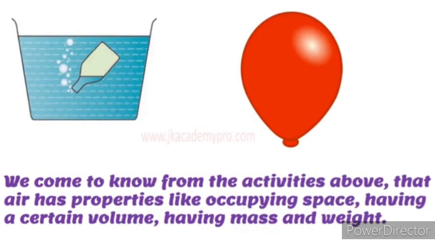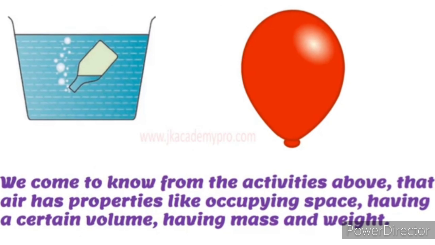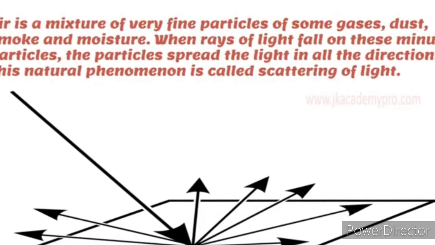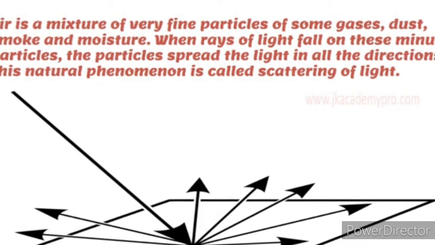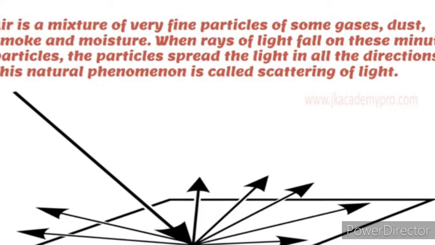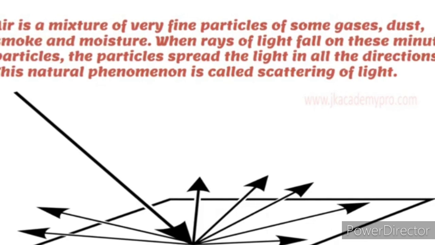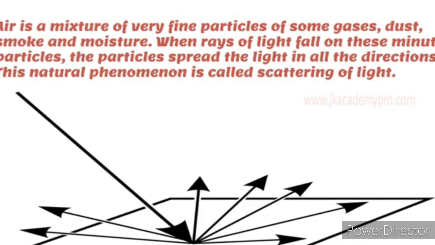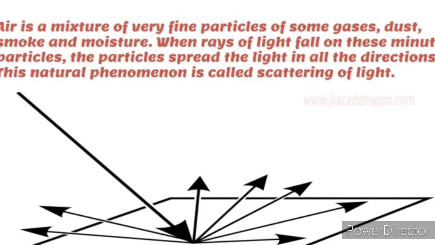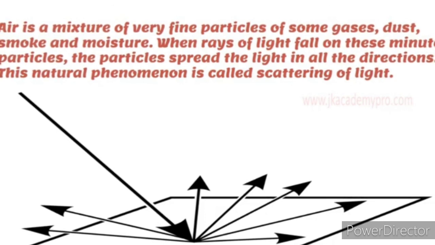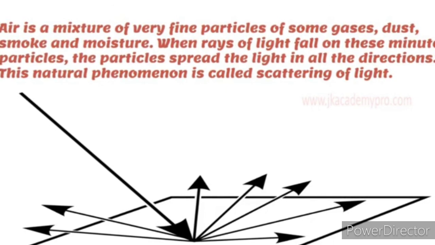This we learn above. So now we have to see this. Air is a mixture of very fine particles of some gases, dust particles, smoke, and moisture. When the rays of light fall on the minute particles of the air, the particles spread the light in all directions, and this natural phenomenon is called the scattering of light.